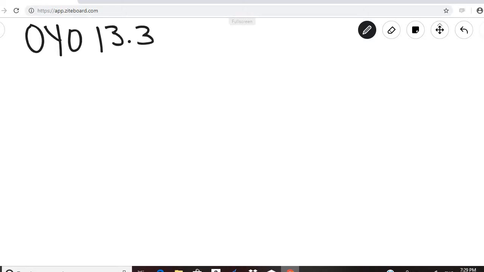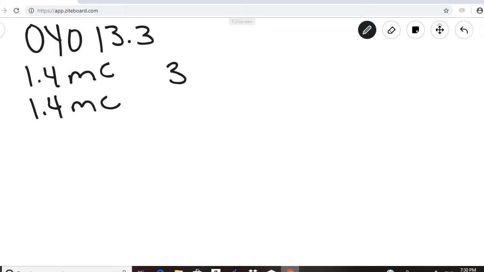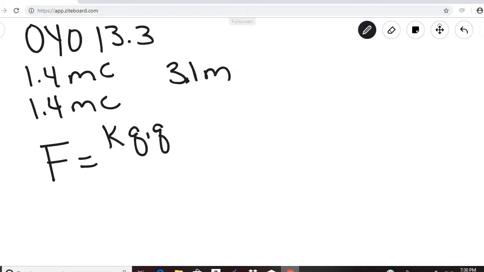On Your Own 13.3 tells us that we have two charges that are 1.4 millicoulombs, and those charges are 3.1 meters apart. Okay, so electrostatic force will be equal to K, Q1, Q2 divided by R squared.